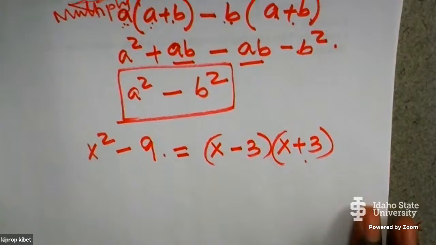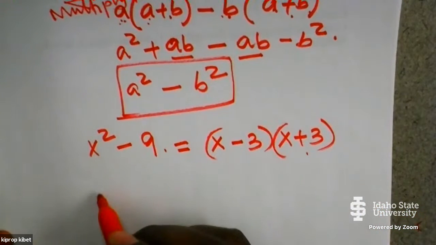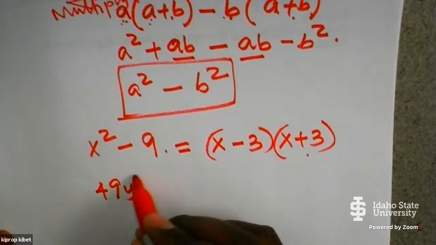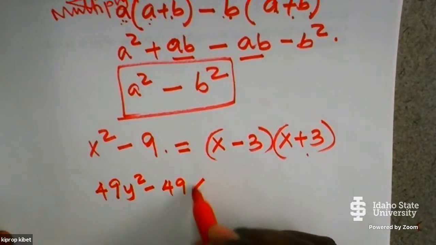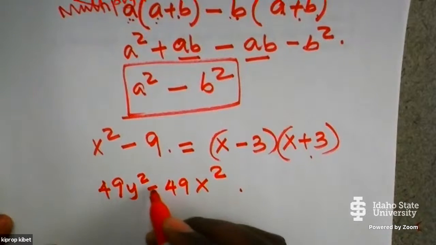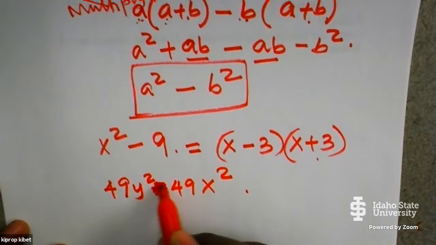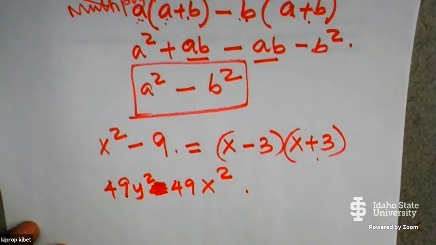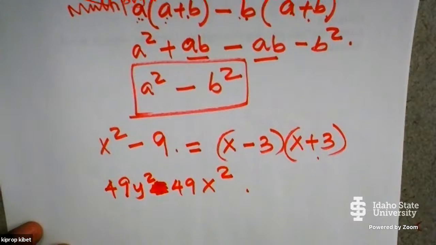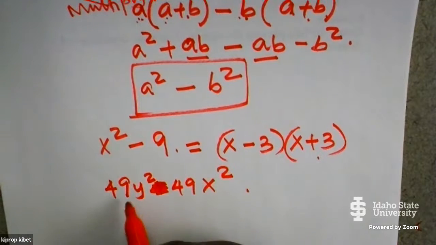Now, if you are given, let's say, 49 y square minus 49 x squared. Again, this is a difference of two squares. You look at the coefficient and y square.